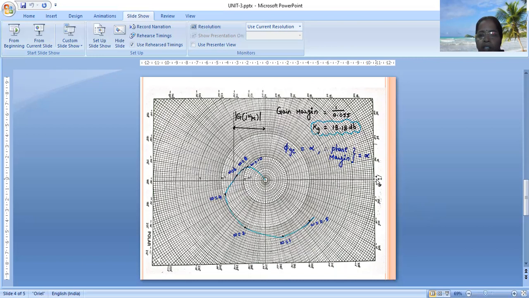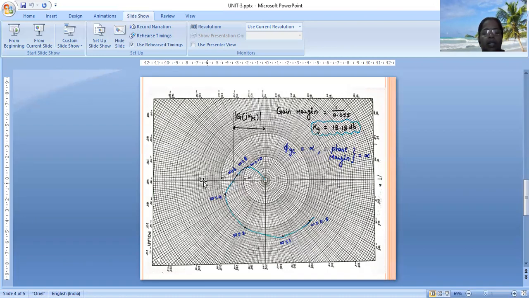Now you see this is 0, this is minus 10, minus 20. They will represent only 10, 20, 30, 40, 50, 60, like that, but we require only negative values. So that's why in front of 10, 20, I put negative polarity: minus 10, minus 20, minus 30, minus 40, like that I mark.